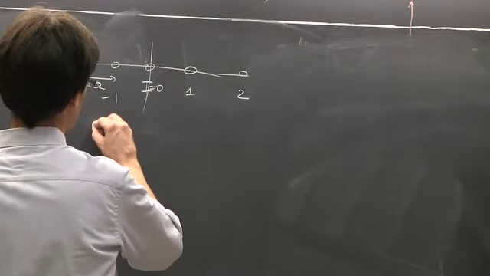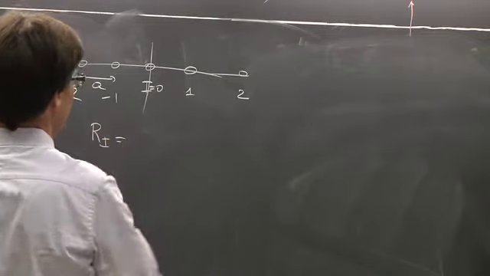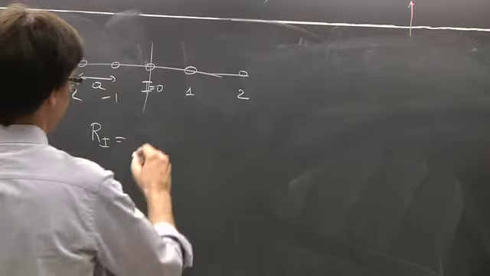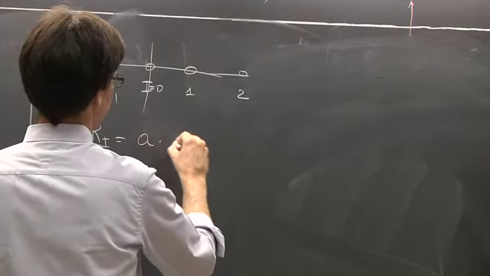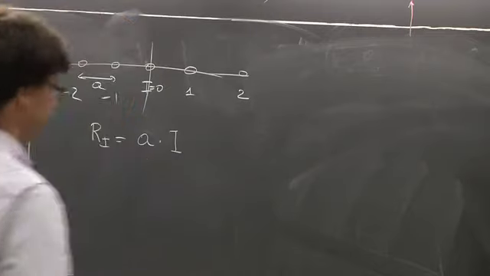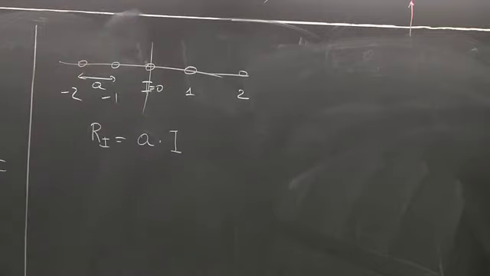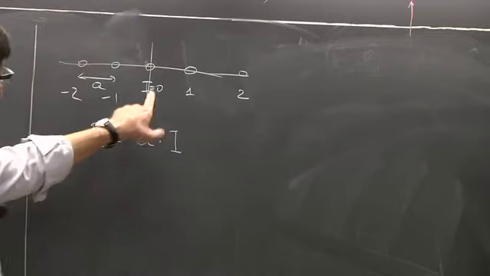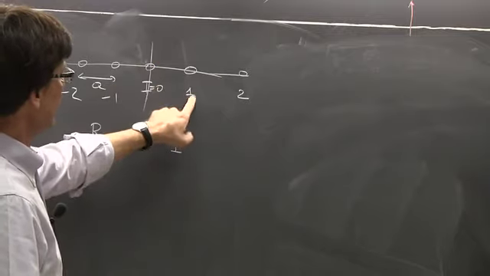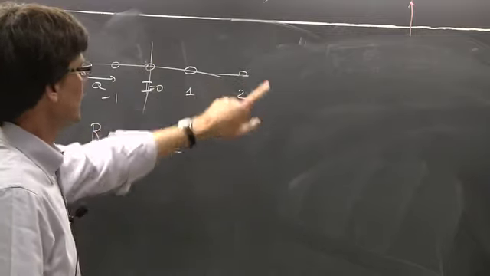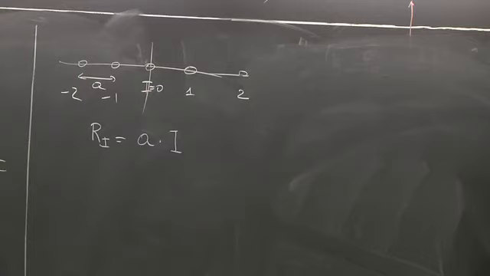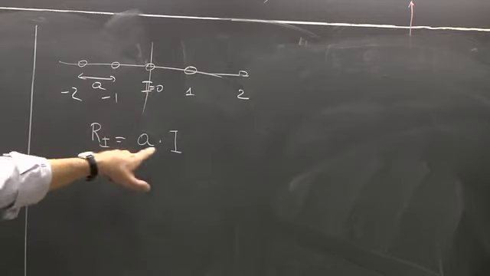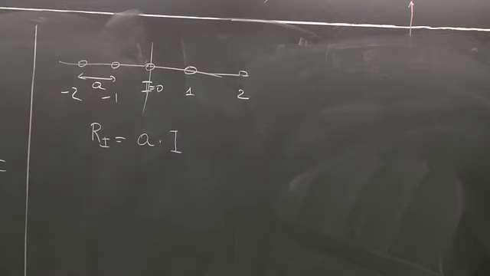Then the position of atom i is given by a times i, right? Because atom 0 is at 0, atom 1 will be at a, atom 2 will be at 2a, and so on and so forth. Atom -1 will be at -a, and so on.